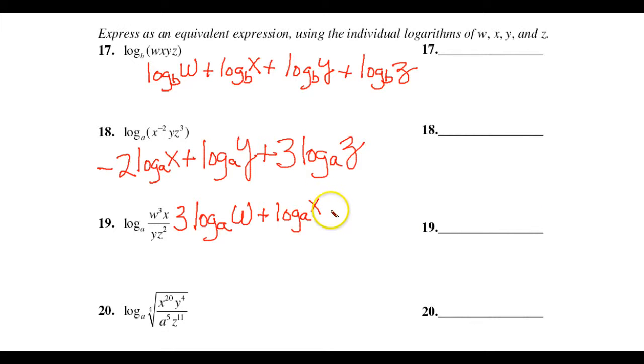In fact, let's do it that way. Negative, because both of these are going to be in the denominator. And this first one is just plain log base a of y. And now since I have this negative sign out here, I can put a plus.